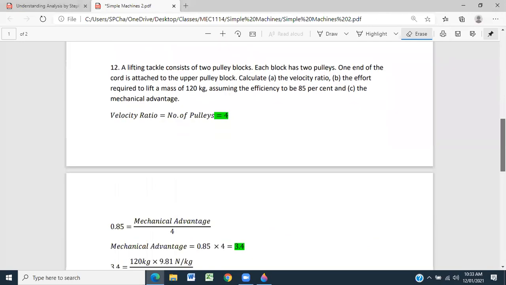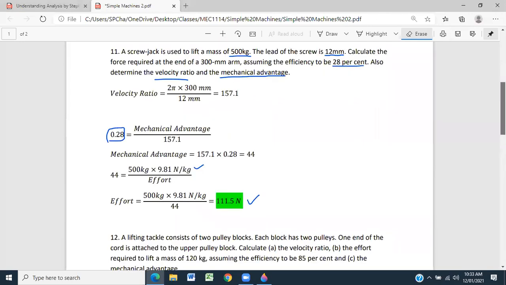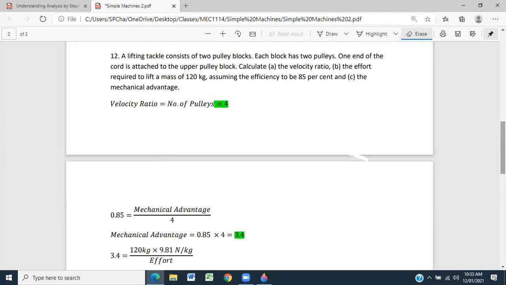So this here is the screw, and now we're moving on to the block and tackle, the pulley, right? And again, we know the velocity ratio is based on the number of pulleys within the system, because the rope is doubling up and tripling up. Okay, so let's look at number 12. A lifting tackle consists of 2 pulley blocks. Each block has 2 pulleys, right?